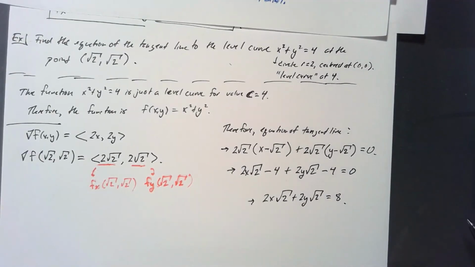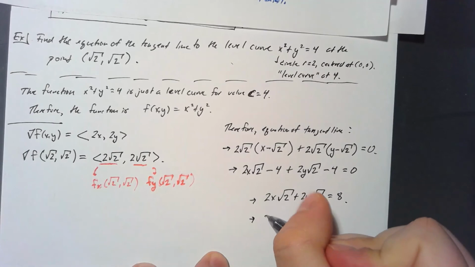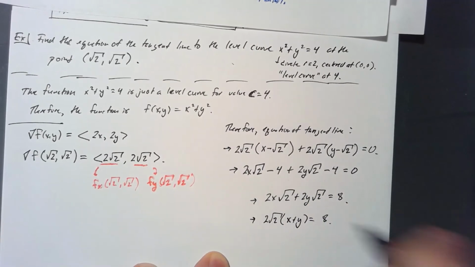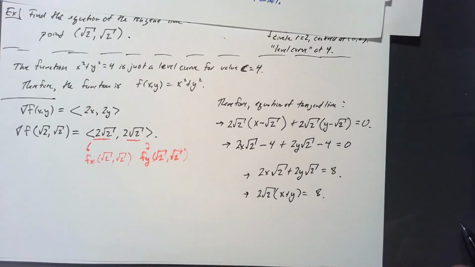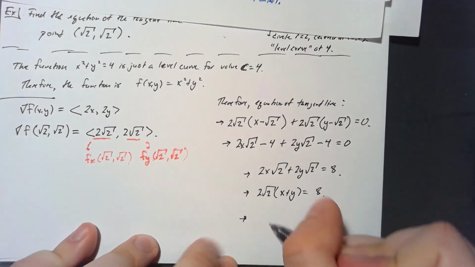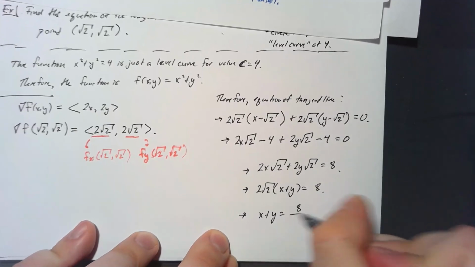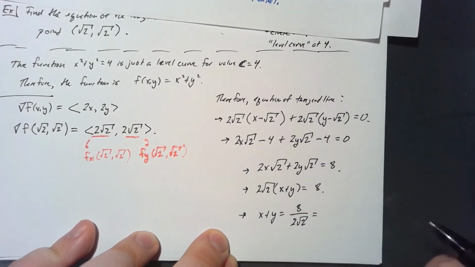All right. Well, I could factor a 2 root 2 out of here, can I? We'll have x plus y. And then I could divide both sides by 2 root 2. So I'll have x plus y equals, well, 8 divided by 2 root 2, which will be what?